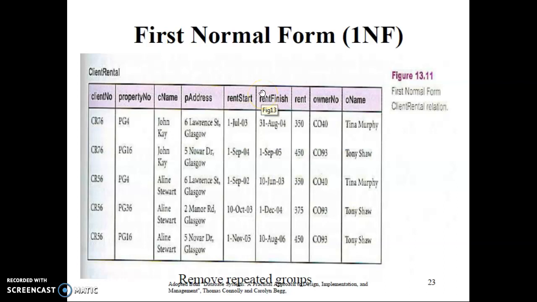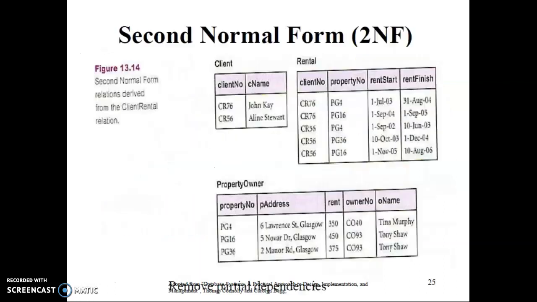So that is okay. Therefore, as we have partial dependencies within the client rental table, it indicates that the relation is not in second normal form. So, to transform the client rental table into second normal form requires the creation of new relations called client, rental and property owner, as shown like this.